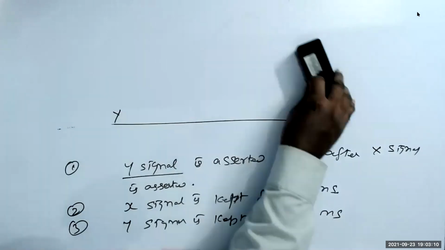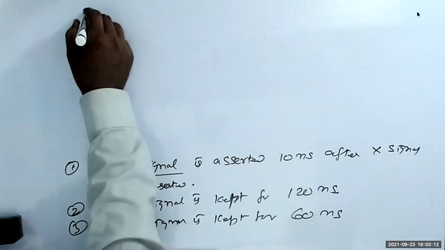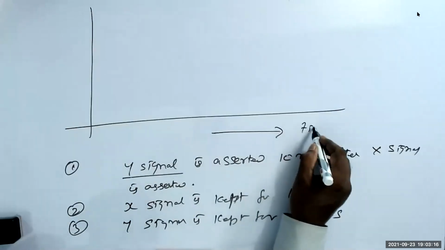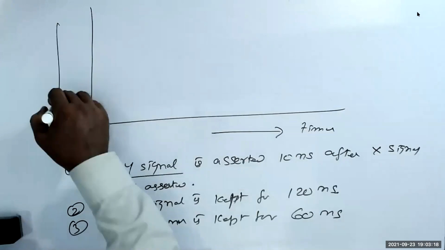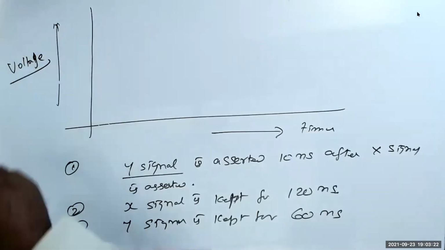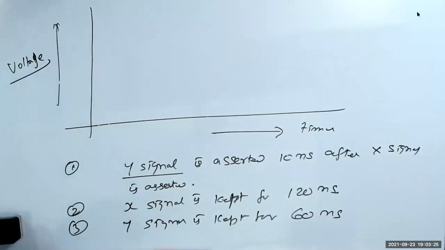I can start writing everything in English, but engineers want to avoid that. So they made a diagram, time versus voltage, the graph.